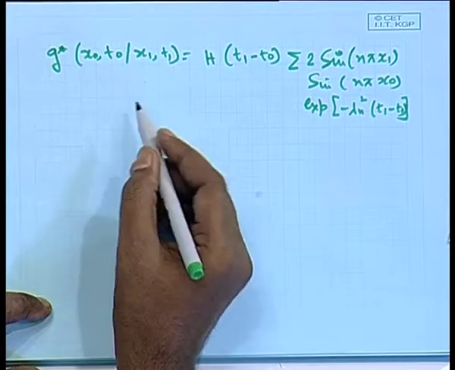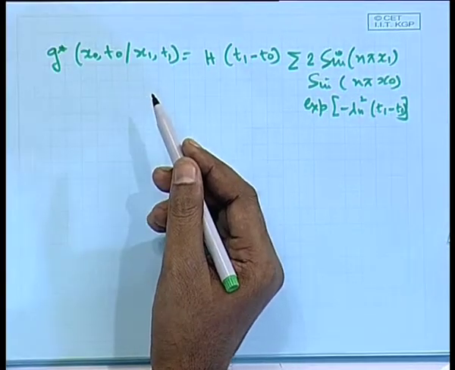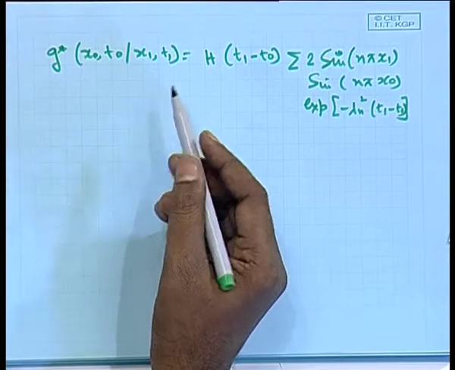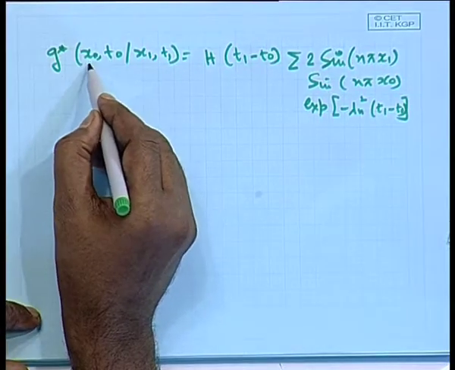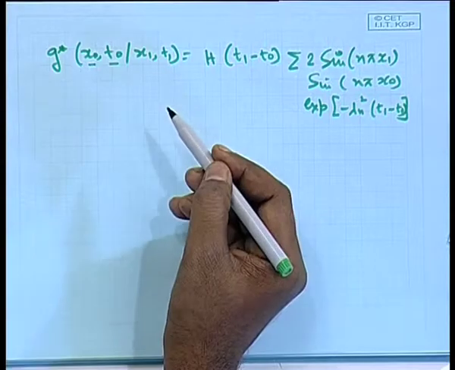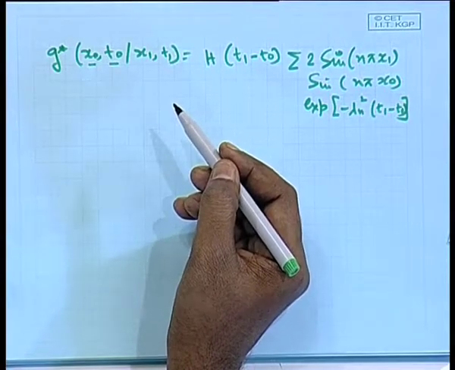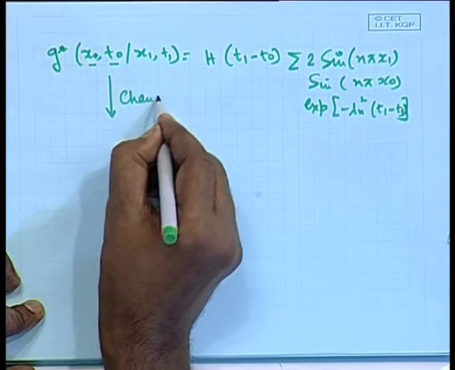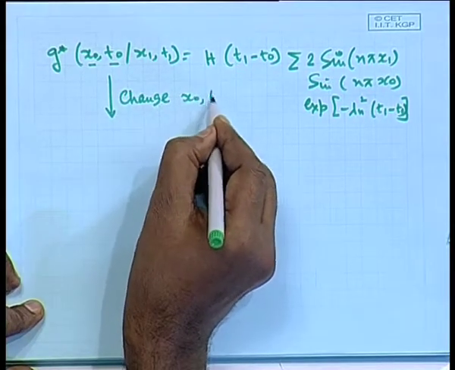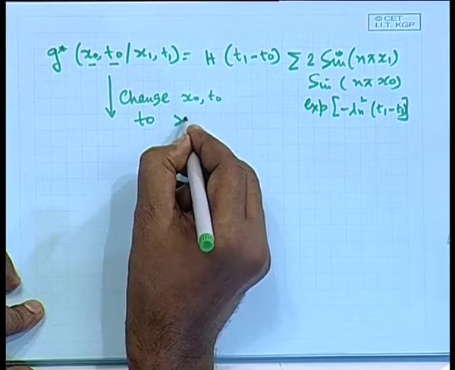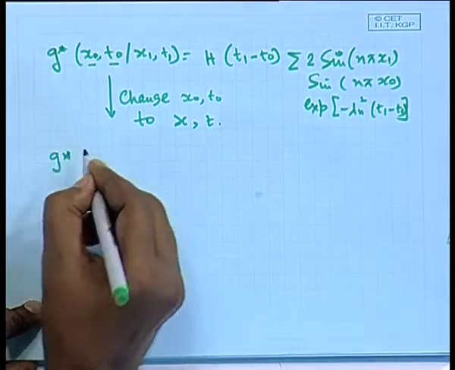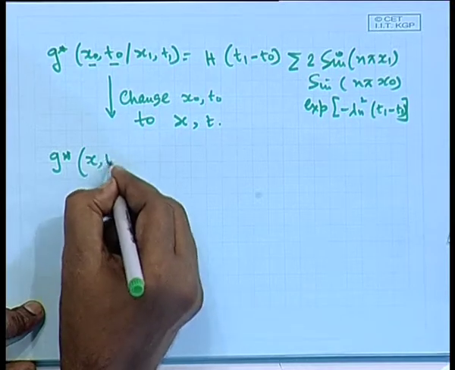Now, in the adjoint Green's function, we are giving a unit impulse at x1 t1. So, the dummy variables x naught and t naught should now be replaced by the running variables x and t. So, you will be getting a proper expression of G star.